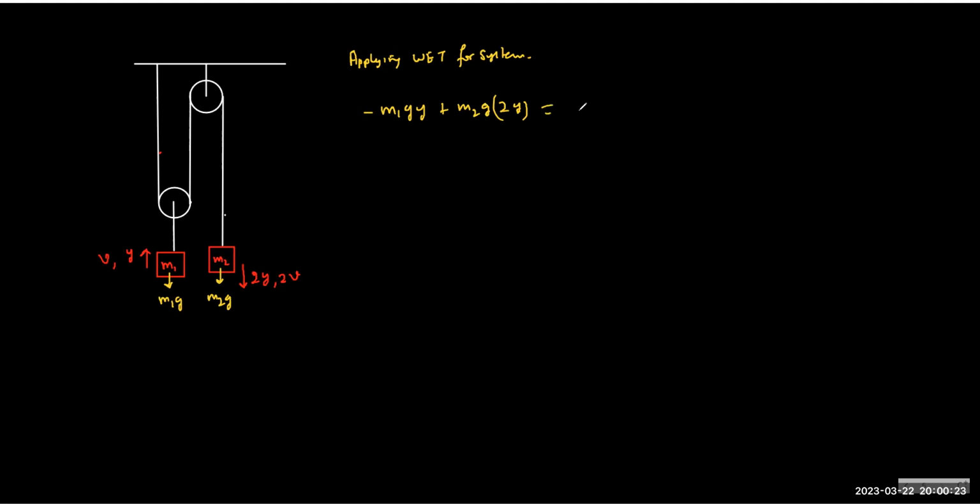Equals the change in kinetic energy, so we have to add the energy of both at once. Half M1 V square, because V1 is V. And for M2 it is half M2 into 2V whole square. See, with expertise, the same equation we can add in one line.